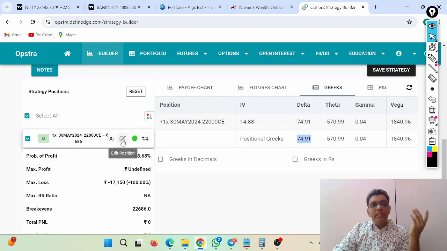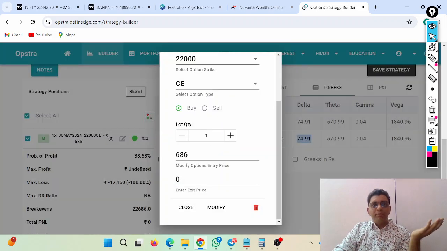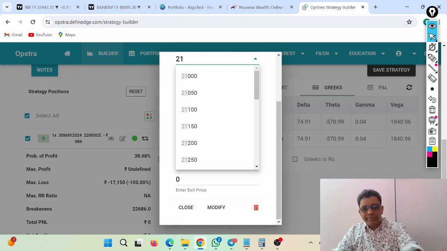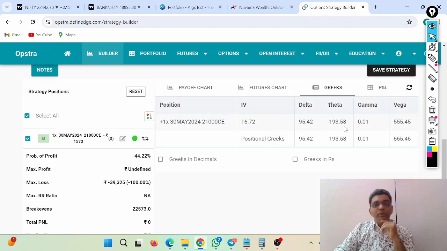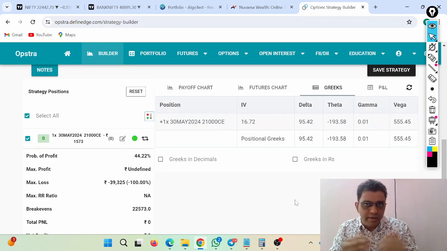Let's say if I go deep in the money, let's say I am buying the 21,000 call option, that is deep in the money, then you can see my delta is 95, very close to 100.